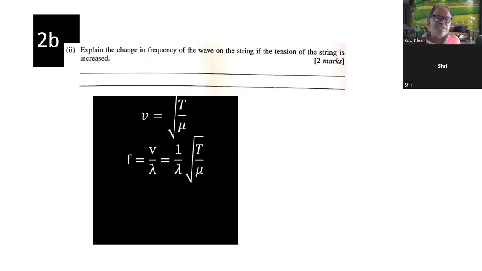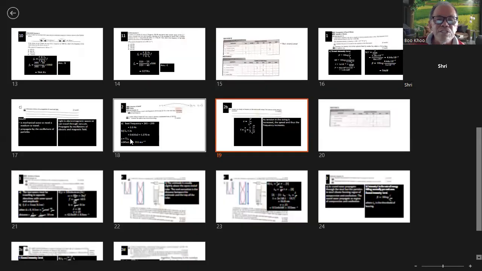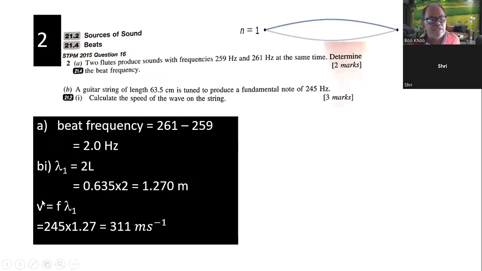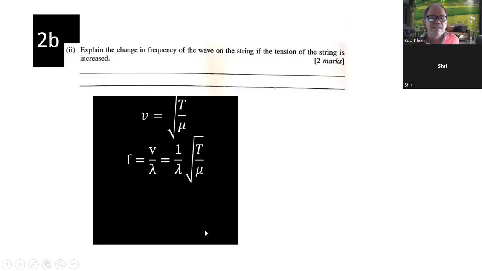The next step is that the tension increases, so the speed increases. Then go back to this formula, f equals v over lambda.